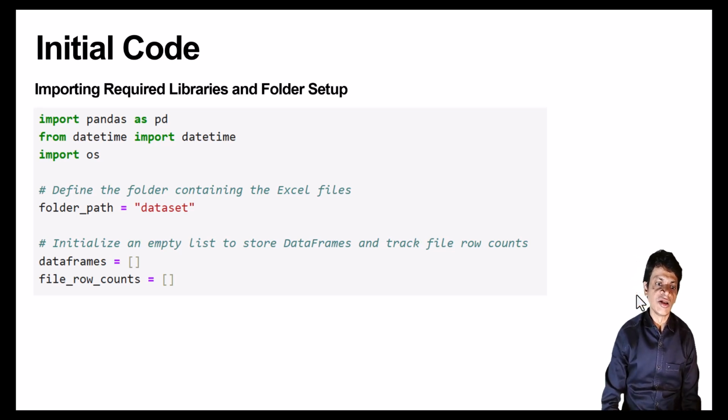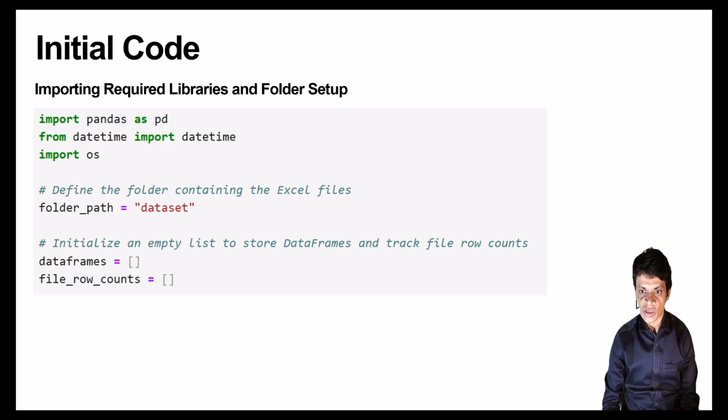After that, we added a folder path variable and updated it with the folder name. If you have a separate folder structure or folder name, you need to update the dataset name with that path name. Along with that, we initialize two variables: one is data frames and another one is file row count.